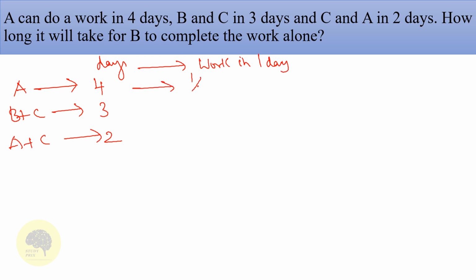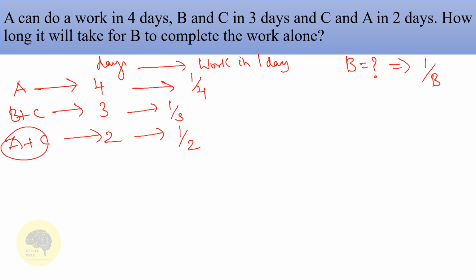Therefore, 1 by 4 amount of work can be done by A in 1 day, 1 by 3 amount of work can be done by B and C together in 1 day, and 1 by 2 amount of work can be done by A and C together in 1 day. We have to find out the work done by B alone. For this, we have to find out the work done by B in 1 day.